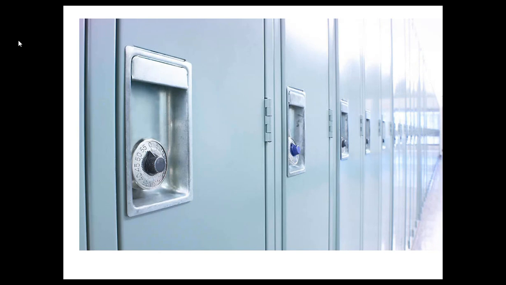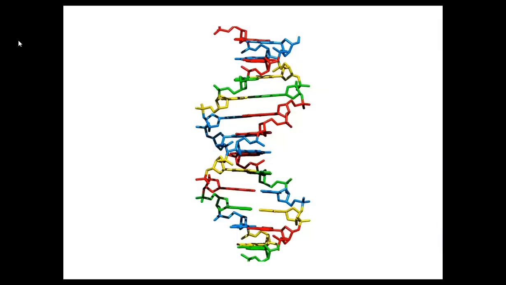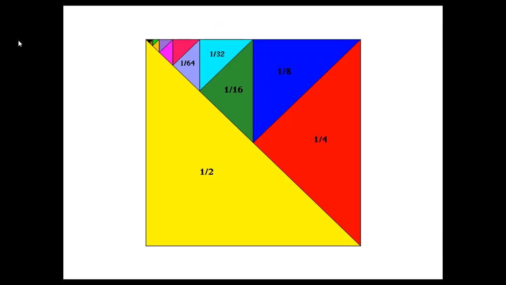That's another sequence. Here you have an example of DNA, so the way that the molecules are arranged is an example of a sequence. Here you have multiple sequences going on. Not only do you have a change in color, but you have a sequence with the pattern, and you have a sequence with the size of the shapes. So a couple of different patterns or sequences going on at once.